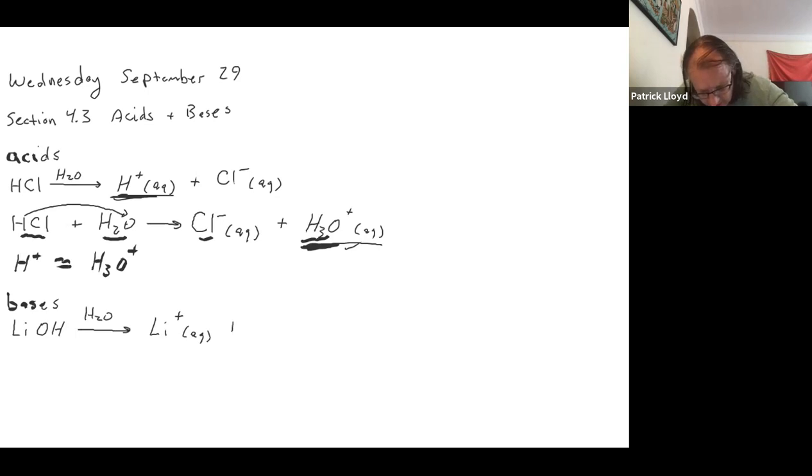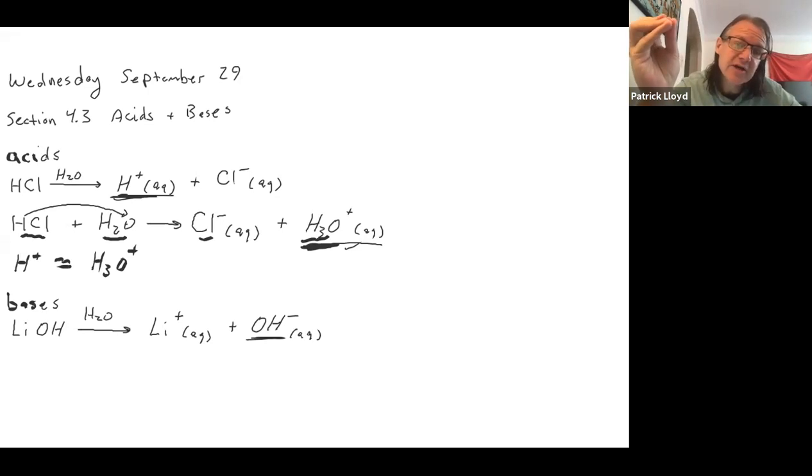So you get a metal ion and you get this hydroxide ion. And this is the key. If a substance goes into water and you form the hydroxide ion in any meaningful amounts, then we're talking about something being a base. So this lithium hydroxide would be a base. So the group 1 metals and the group 2 metals, those are the bases.